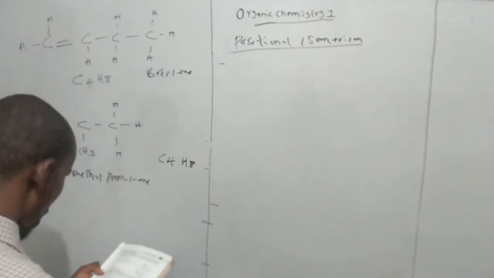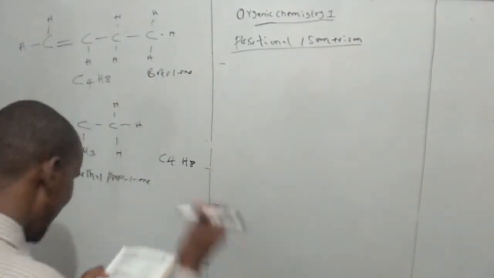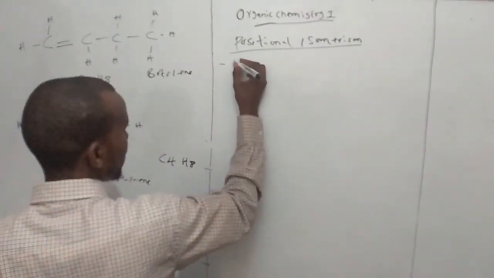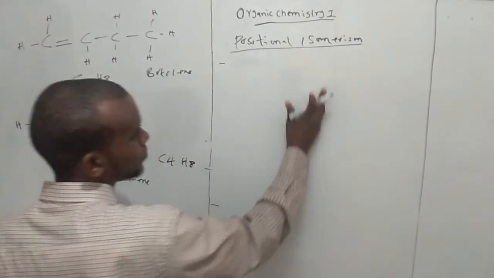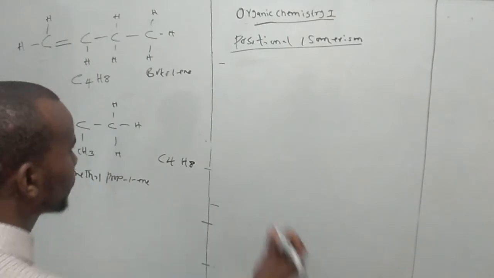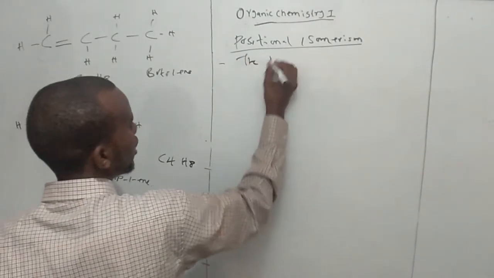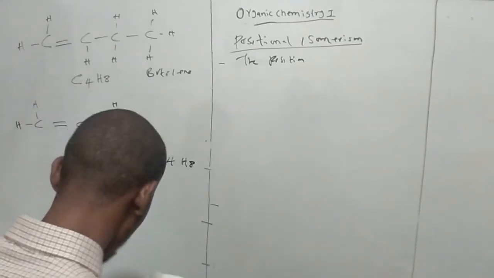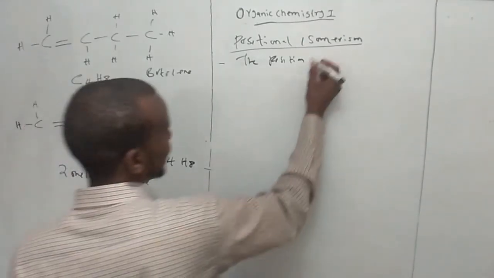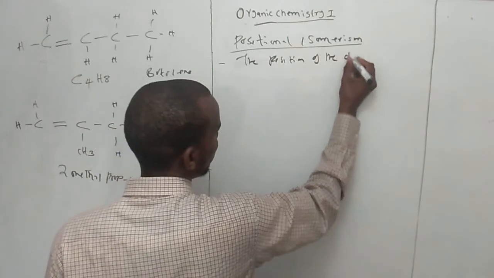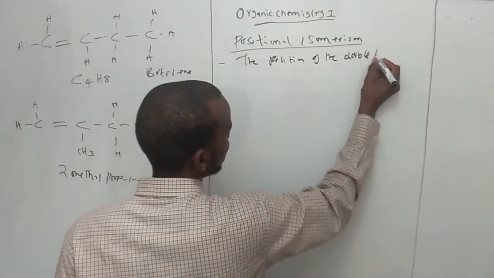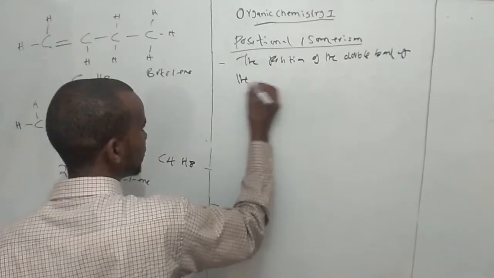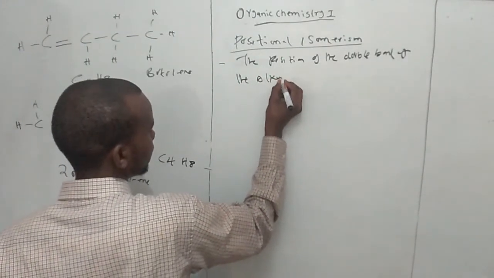It means the position of the double bond in the alkene can change. In positional isomerism, the position of the double bond of the alkene changes.